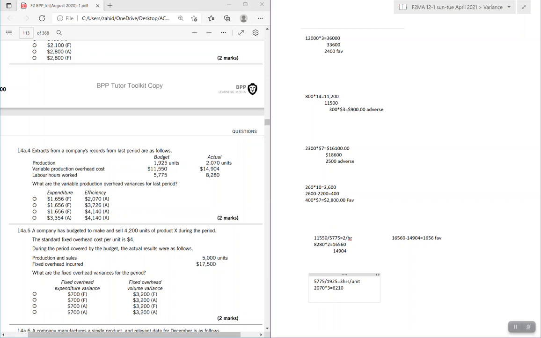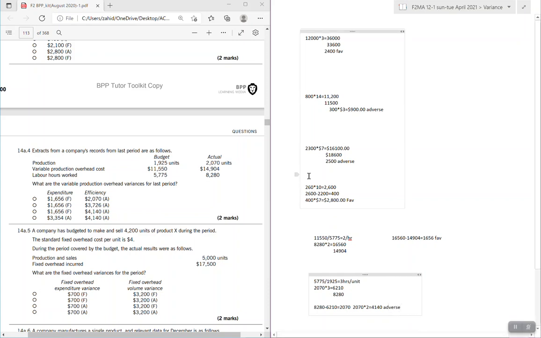But it actually took 8,280, it took more hours, so we have an adverse variance. 8,280 minus 6,210 becomes 2,070 adverse. When we multiply that by the standard rate, which is 2, it becomes 4,140 adverse.